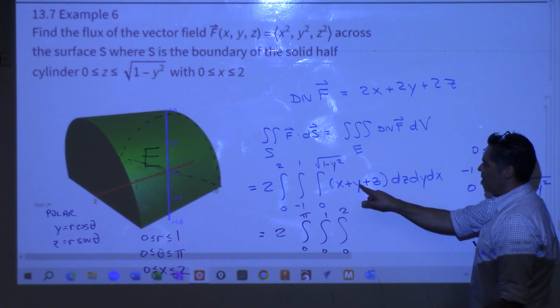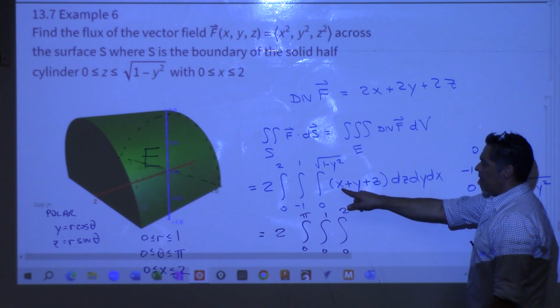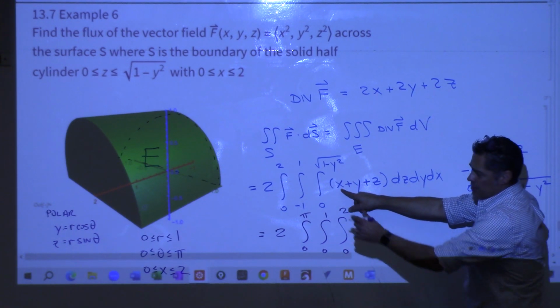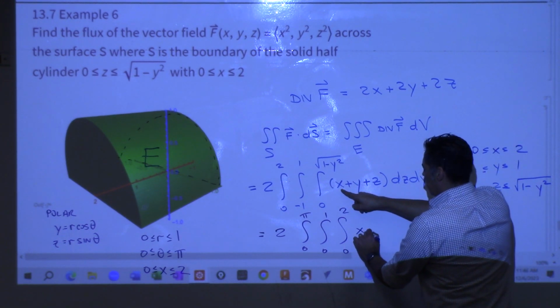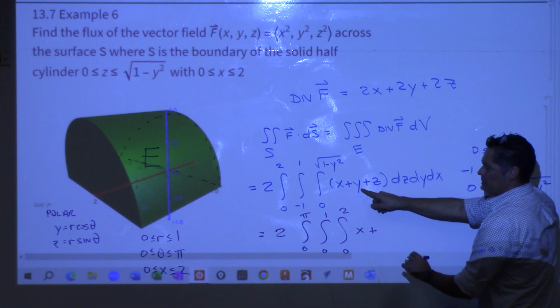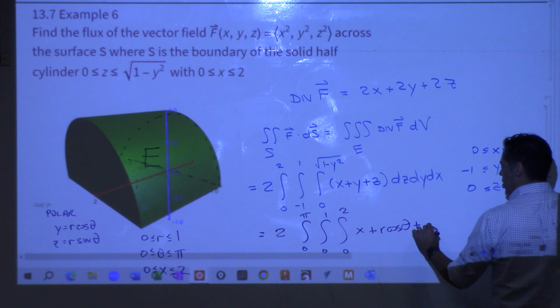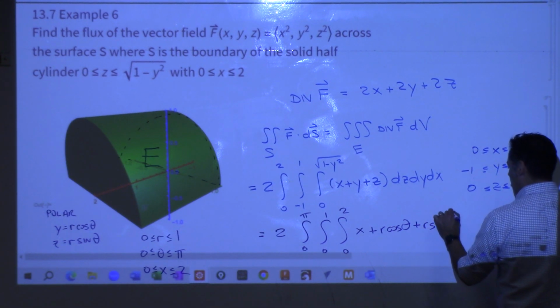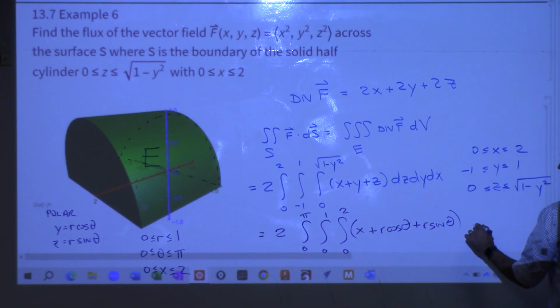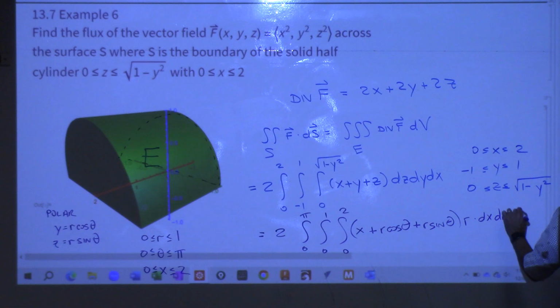So x we leave as x, right? Because x is between 0 and 2. So x plus y, what's y for us? r cosine theta plus z, which is r sine theta. And then all of this is going to be r dx dr d theta.